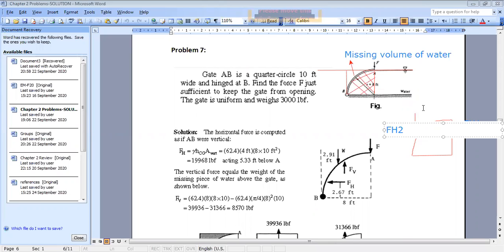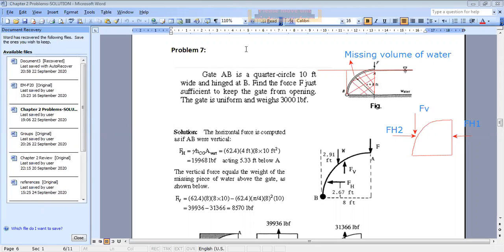and this is FV. But as you can see, and this result was already used by us because we can demonstrate it here. In the horizontal direction, you only have FH2 and FH1. So FH1 should be equal to FH2. This is why we directly said here that FH is equal to the force acting on the projected area.